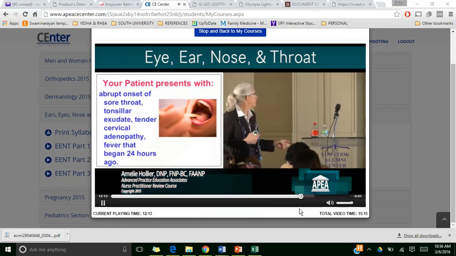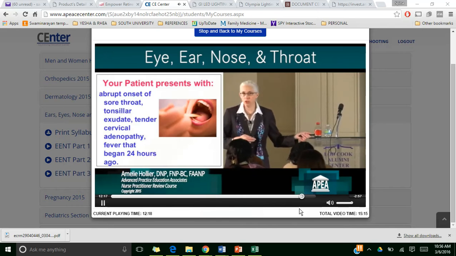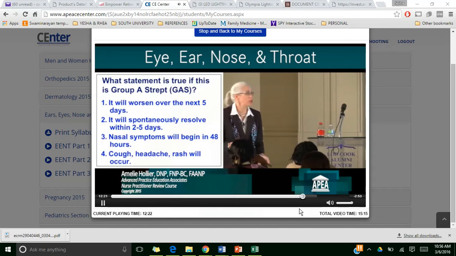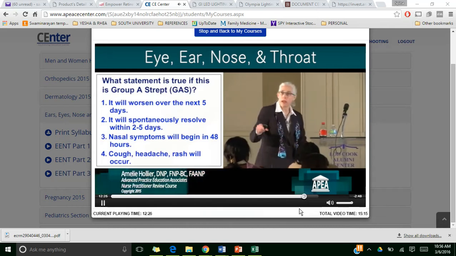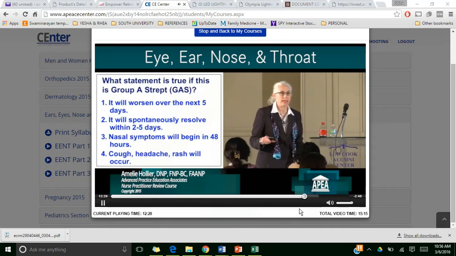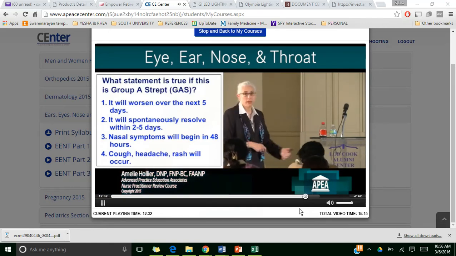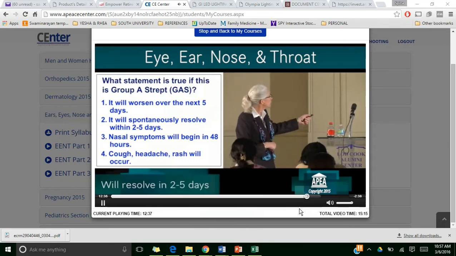If this is really strep, it's not going to worsen over the next 5 days. In fact, it's going to get better. Number 2 is your best answer. If this really is strep, it will spontaneously resolve within the next 2 to 5 days. You know what? Strep doesn't have to be treated with an antibiotic because of number 2. It will spontaneously resolve within the next 2 to 5 days.